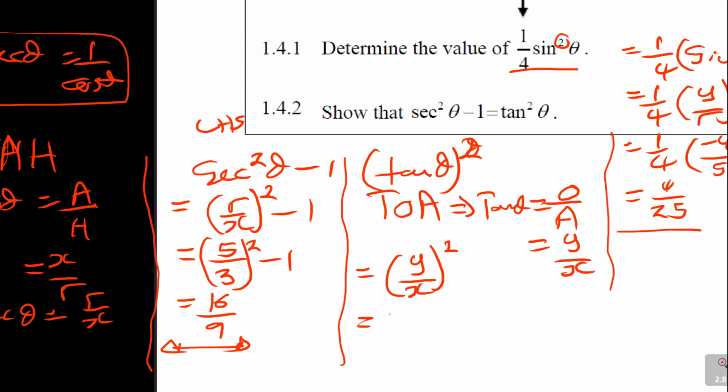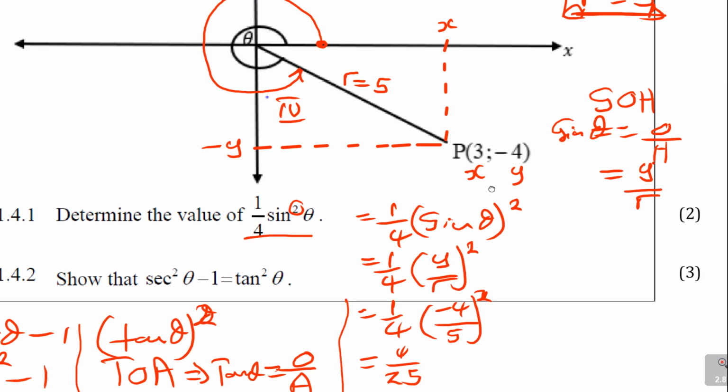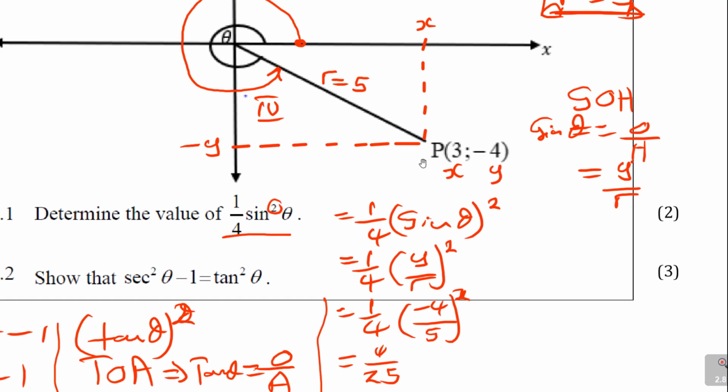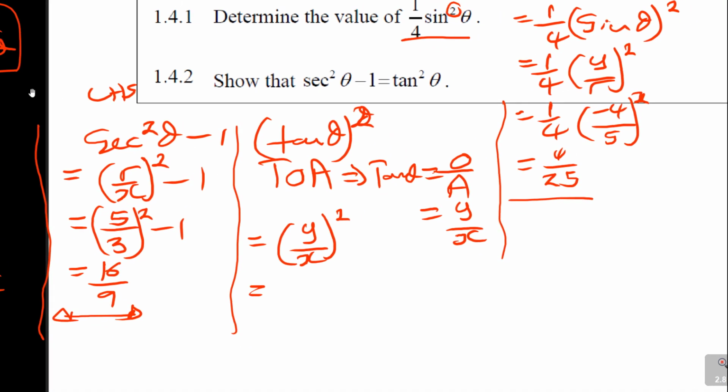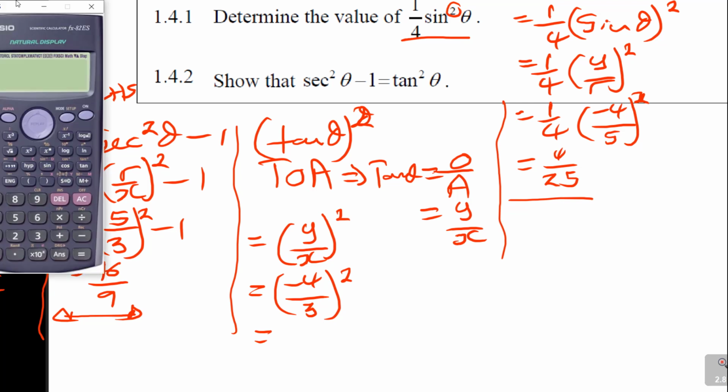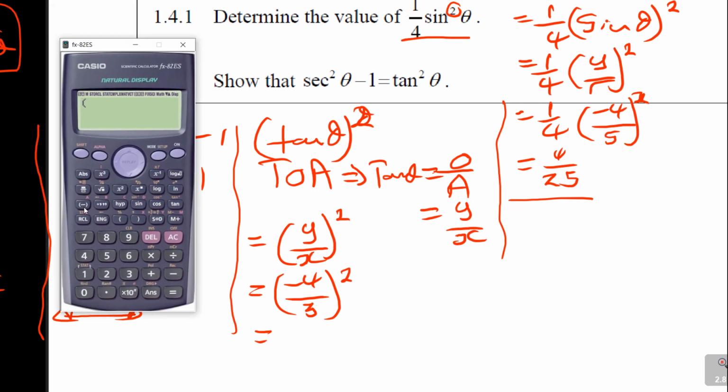And then what is y? Go back to the formula. y is negative 4, x is 3. So you're going to say negative 4 over 3 squared. And what is the answer for negative 4 over 3 squared? It's a fraction negative 4 over 3, and then we square that. See that? It's 16 over 9.